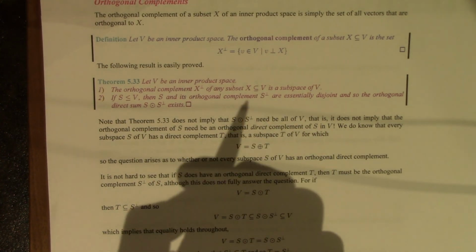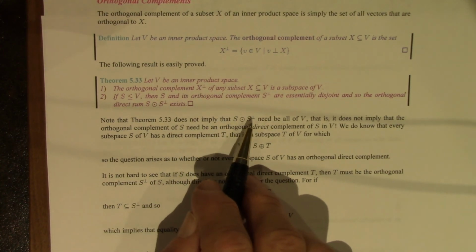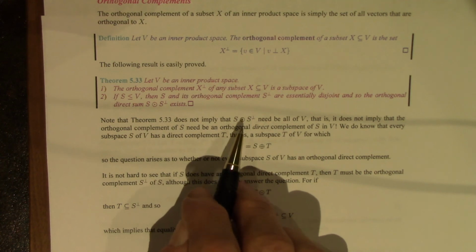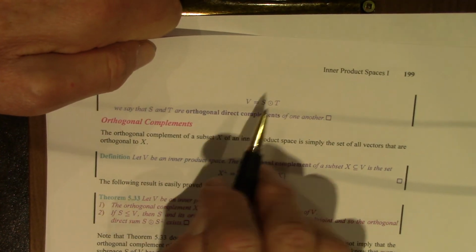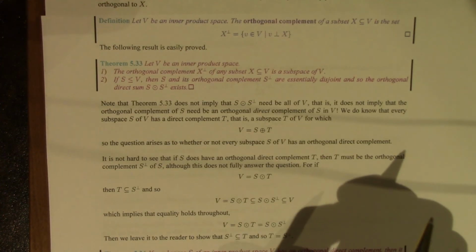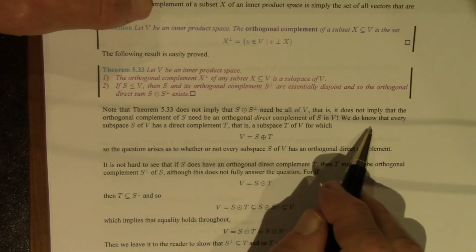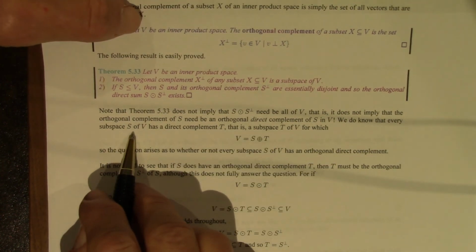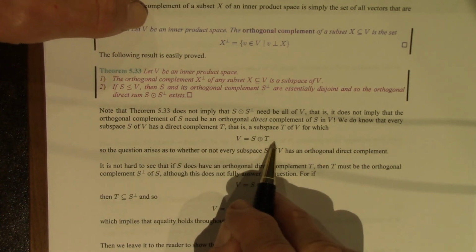So, this does not imply that the orthogonal complement, S perp of S, is an orthogonal direct complement of S in V. It doesn't imply this, because we don't necessarily have this sum equal to V. We do know, of course, we've known for some time, that every subspace S of V has a direct complement, a subspace for which this happens.